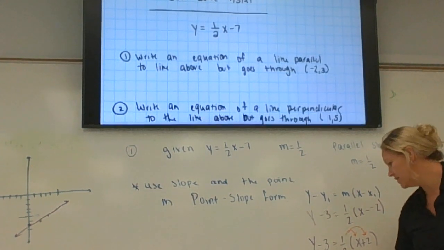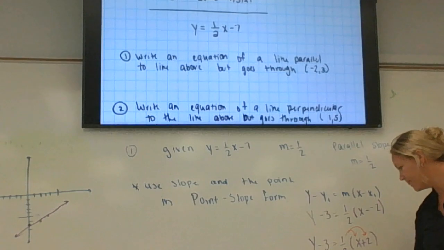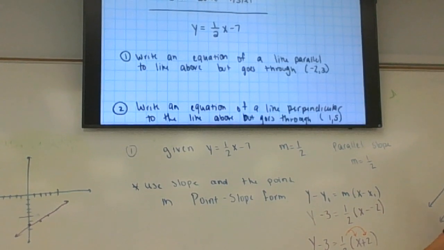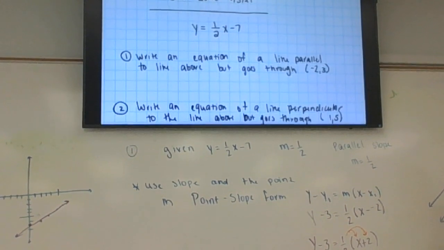How about that? One half times 2 is 1. Add the 1, add the 3. And y equals 1/2 x plus 4.